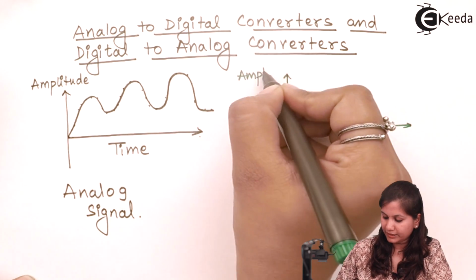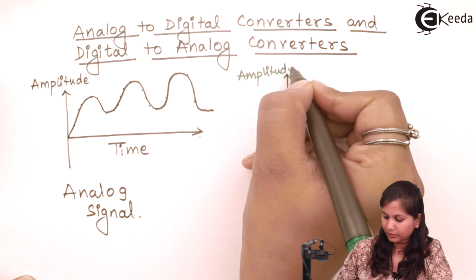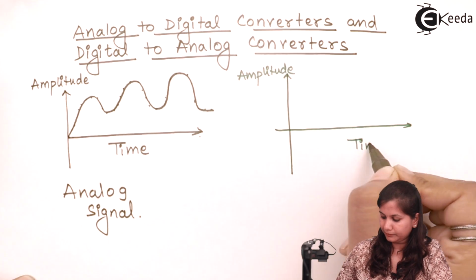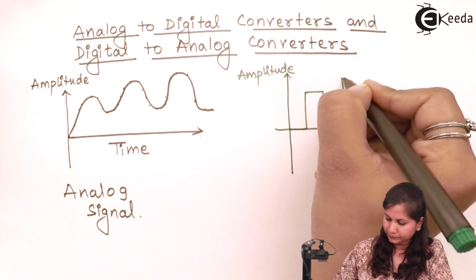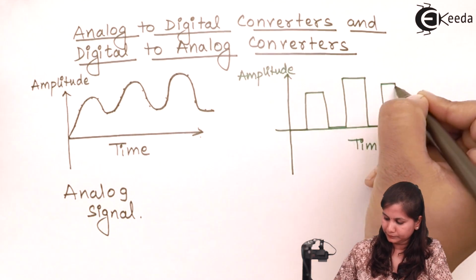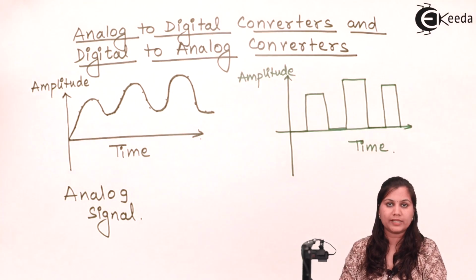Again here, if we see the amplitude, this is time. So this is a digital signal.